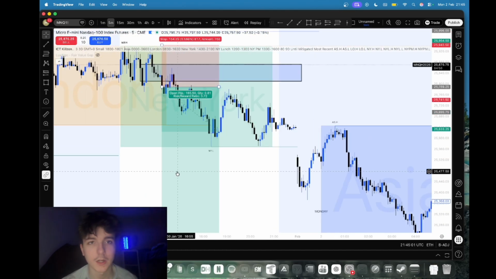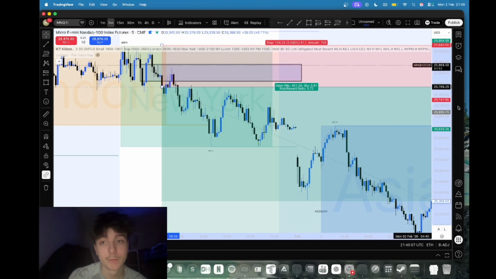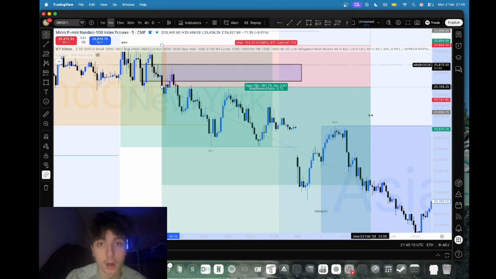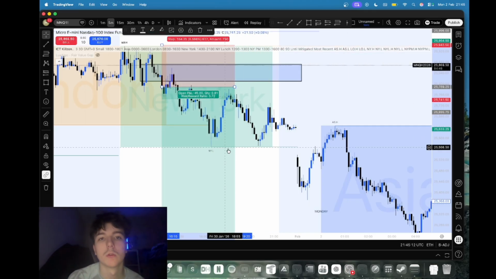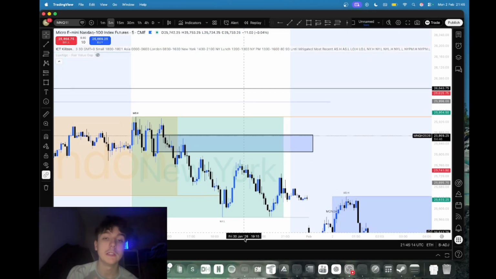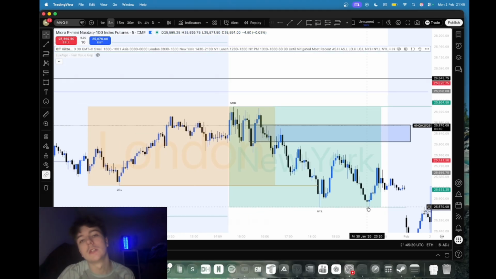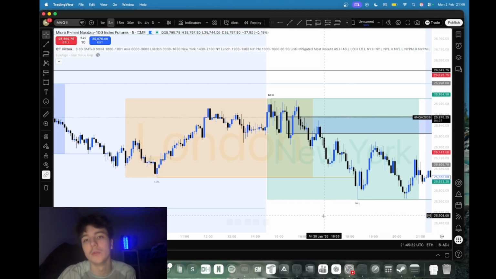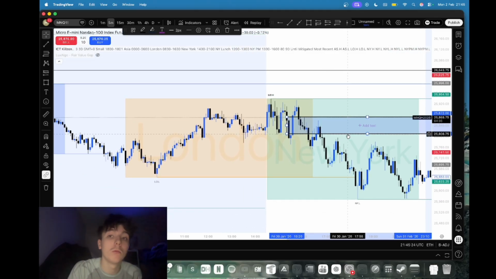So you could have targeted a 3.7 risk to reward on that trade, and it would have hit, which is the main part of my strategy at the end of the day. It's all the liquidity, breaker structure, inverse fair value gaps, all of that in conjunction together. Huge potential, as I've just shown.